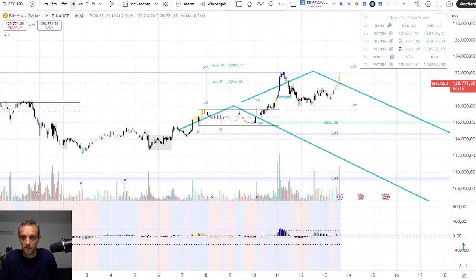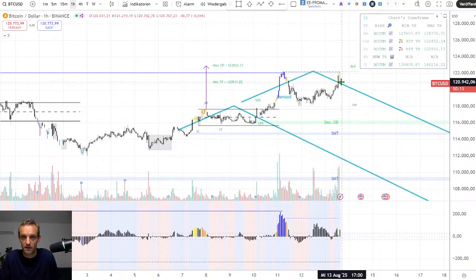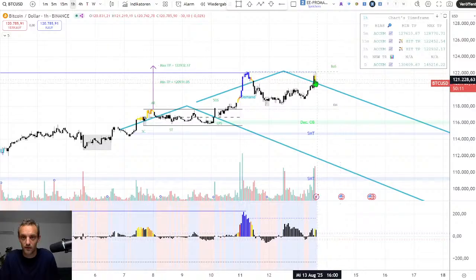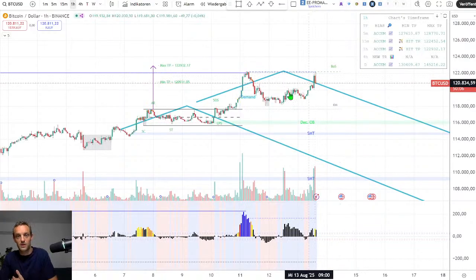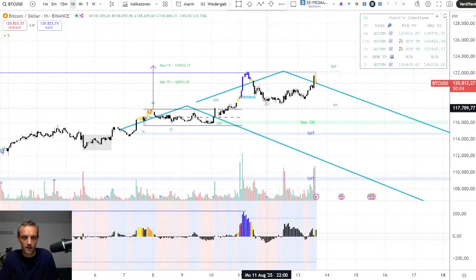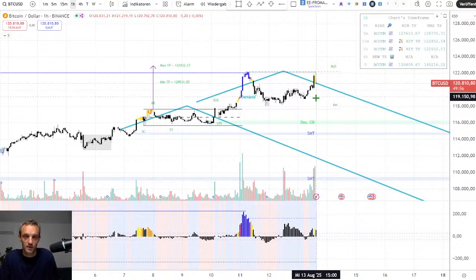So yeah, the market is ready for selling, especially if we go below and sell off this inducement to decisional order block, the market is in downward rotation.